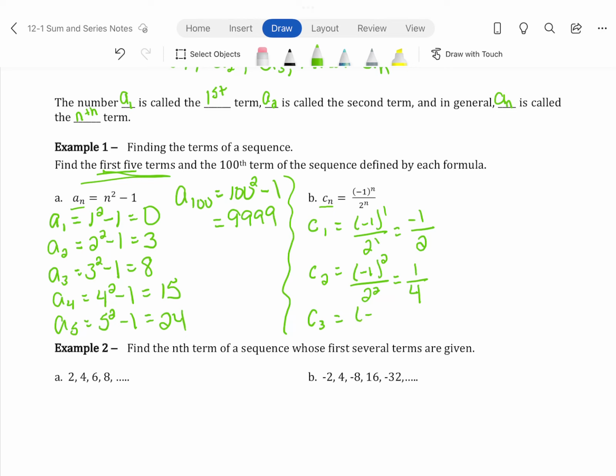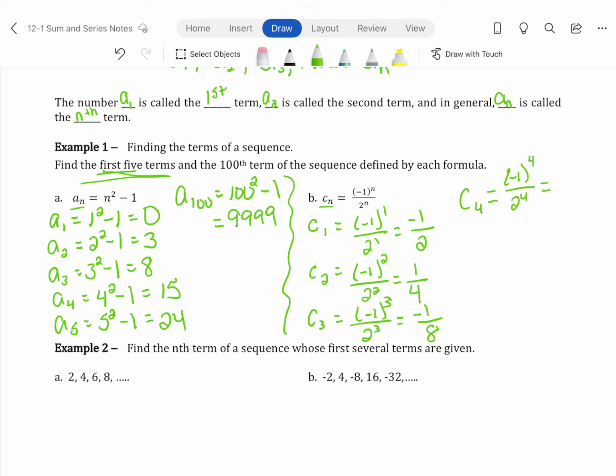My third would be negative 1 cubed over 2 cubed. If we cube a negative number, we get a negative number out, so this would be negative 1 over 8. Same thing, we can do our fourth term: negative 1 to the 4th over 2 to the 4th.